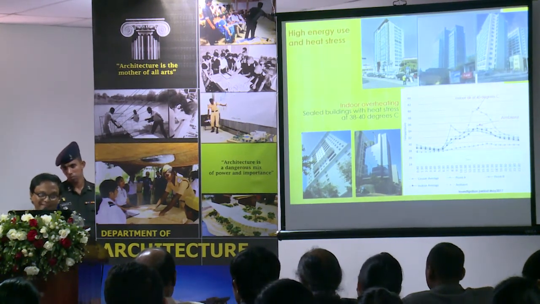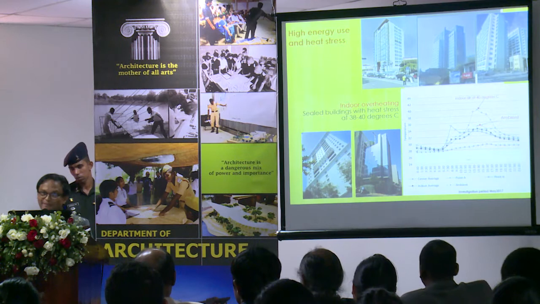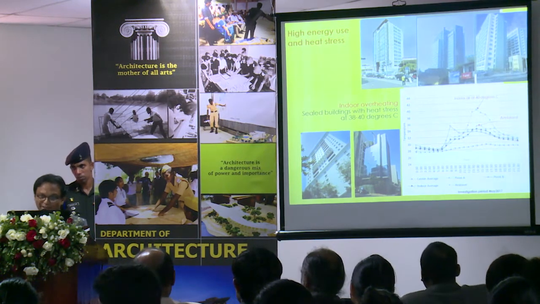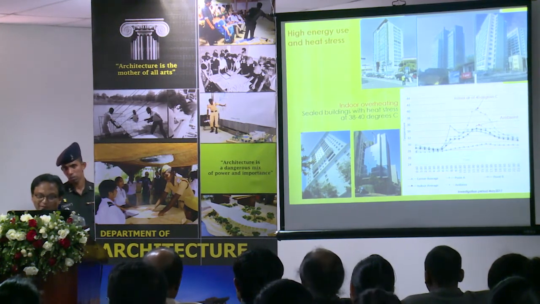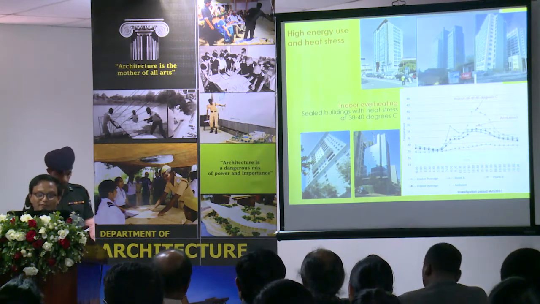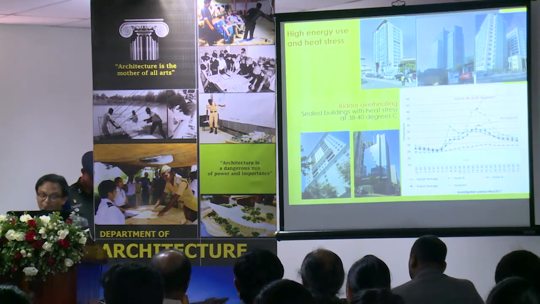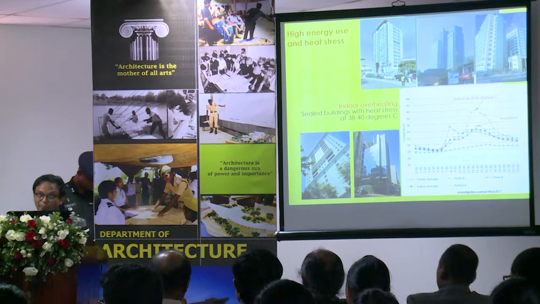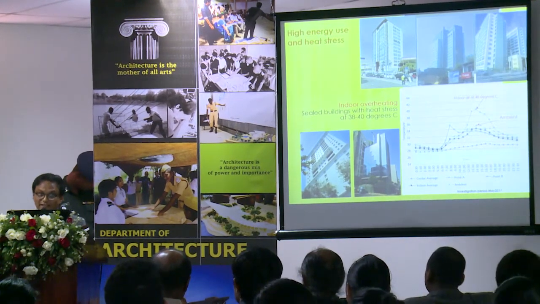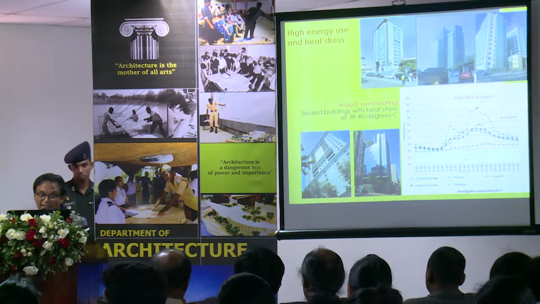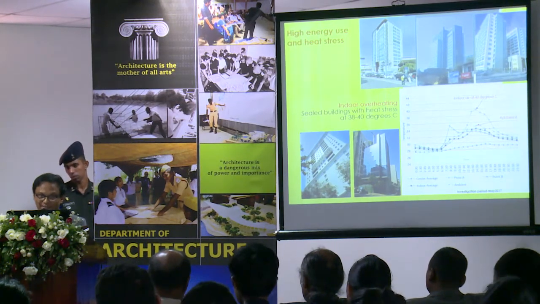Do you agree with this? There is some very big fundamental mistake, right? We need to address this, because our comfort range is within 24 to 28 degrees, but our building interiors reach 40 degrees, and we use air conditioners to cool these ovens.